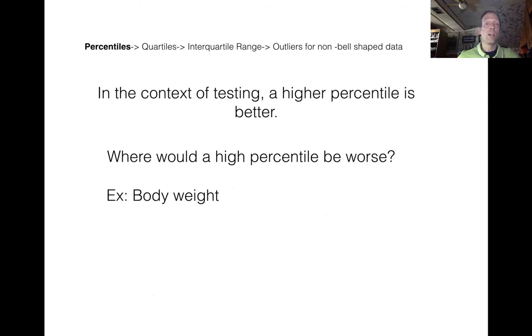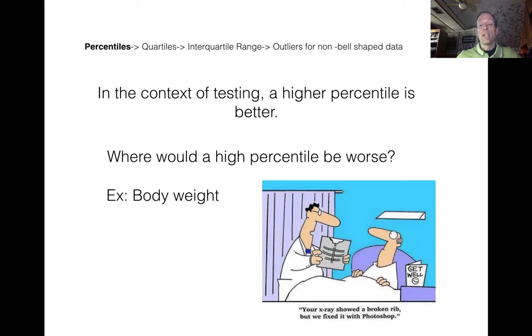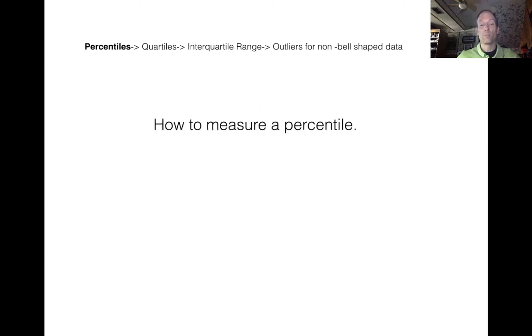They measure your height, your weight, and perhaps they look at a chart that tells them, given your age and your height, how much you should weigh. And they tell you that you landed in the 95th percentile for your body weight. Now, if that happened, the doctor's not going to give you a big award and say, congratulations, you have the best body weight. They're probably going to send you to the hospital right away. So we just have to pay attention to what the context of the situation is.